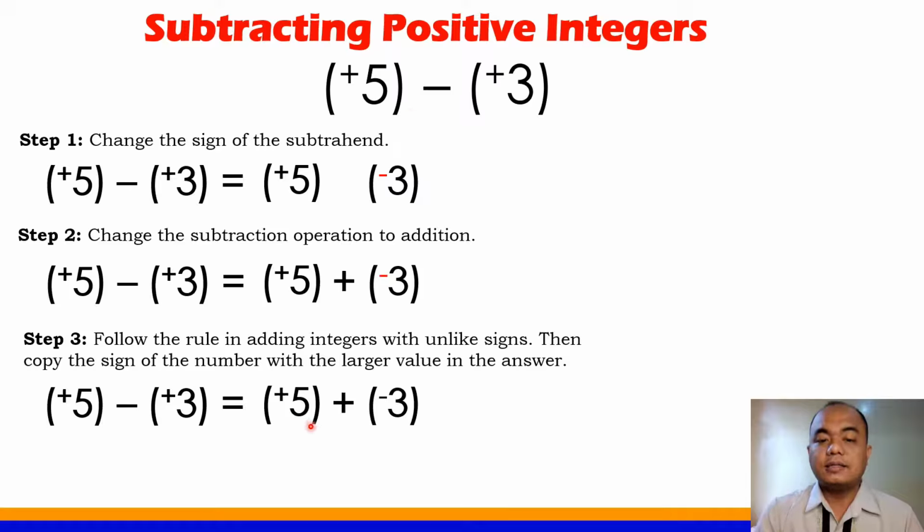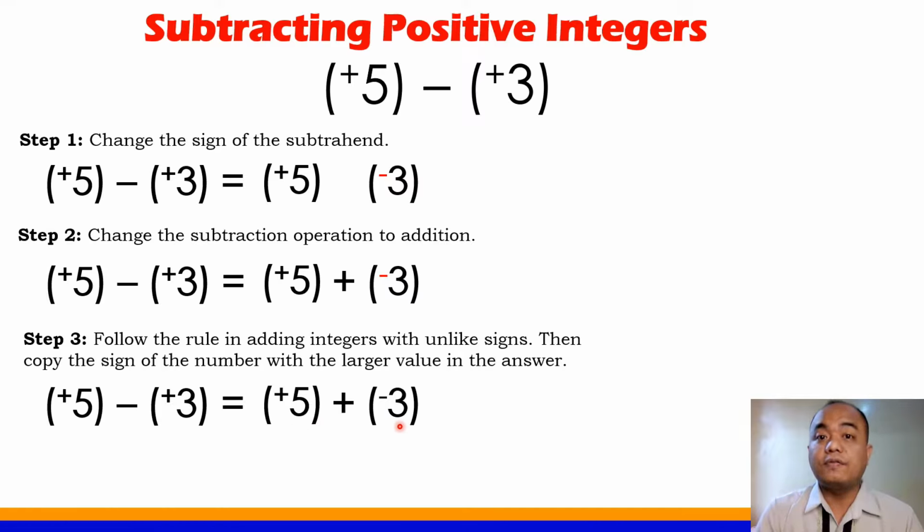Now, since addition na ang ating operation and we have unlike signs here, kapag unlike signs, class, anong gagawin natin? Yes, magsasubtract tayo. Okay? Ng kanilang absolute value. Now, the absolute value of positive 5 o ibig sabihin ng absolute value, class, i-disregard natin yung sign nila. So, 5 na.